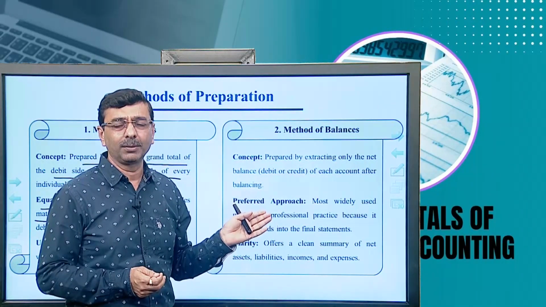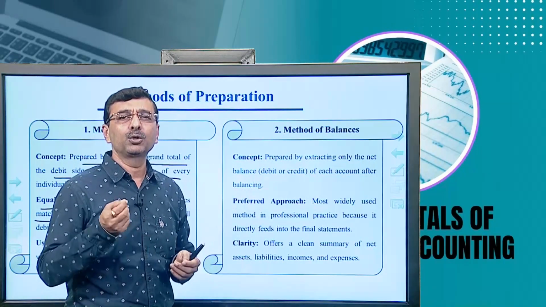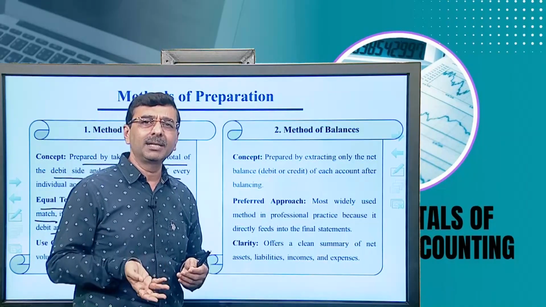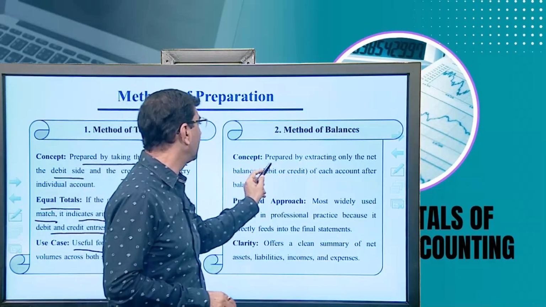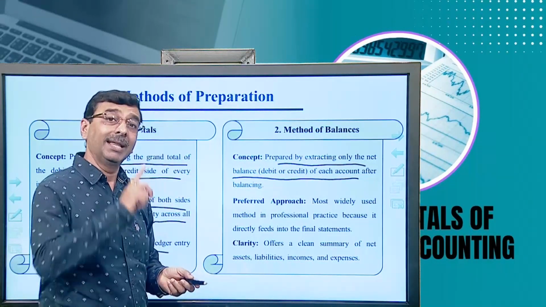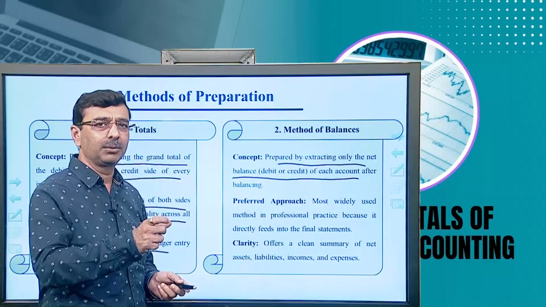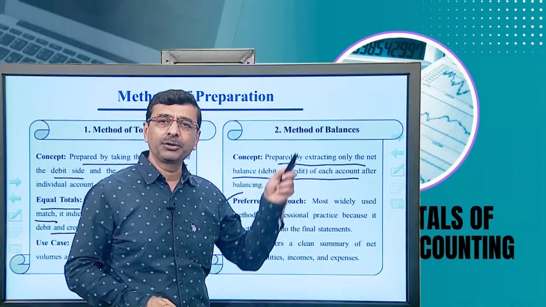So, if the debit side is higher than the credit side, it shows a debit balance. If the credit side is higher than the debit side, it shows a credit balance. In that way, we extract only the net balance from each account, and that difference amount of each account will be transferred into the trial balance.